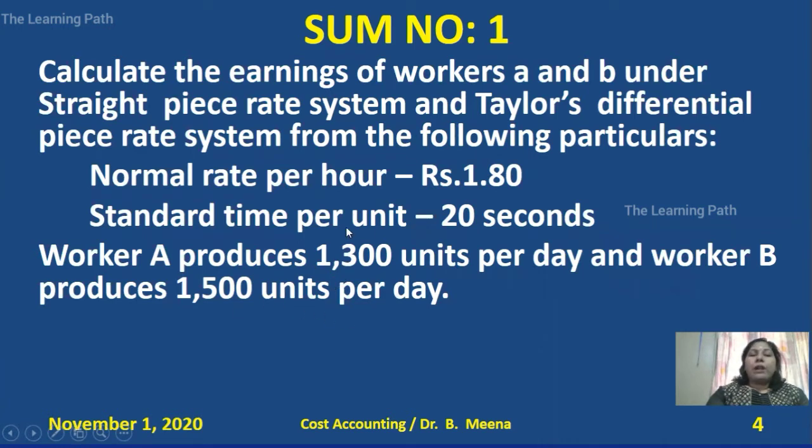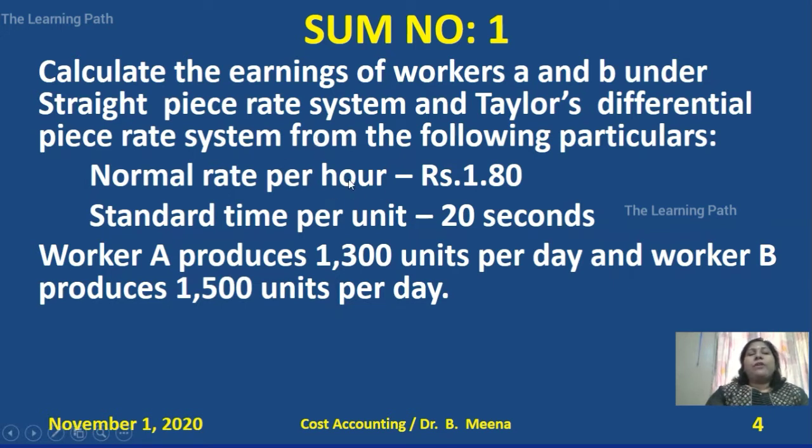So try to understand what is asked in this problem. They ask you to calculate the earnings of the workers, both A and B, under both methods: the straight piece rate system as well as Taylor's differential piece rate system. So under both methods, we need to calculate the earnings of the workers.